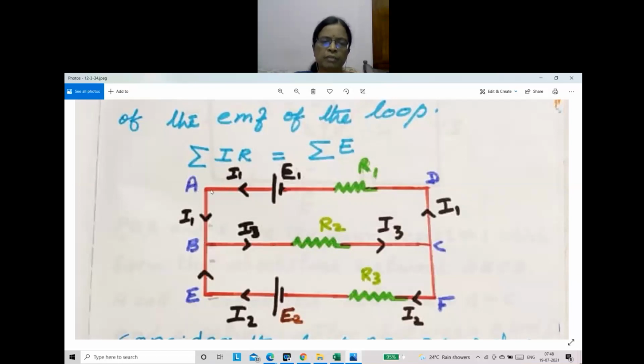Another closed path we can take: starting from the positive of the battery, from the cell E2, that means E, B, current flows C, F, E2, E. This is another closed path. One more closed path is there, a bigger one.